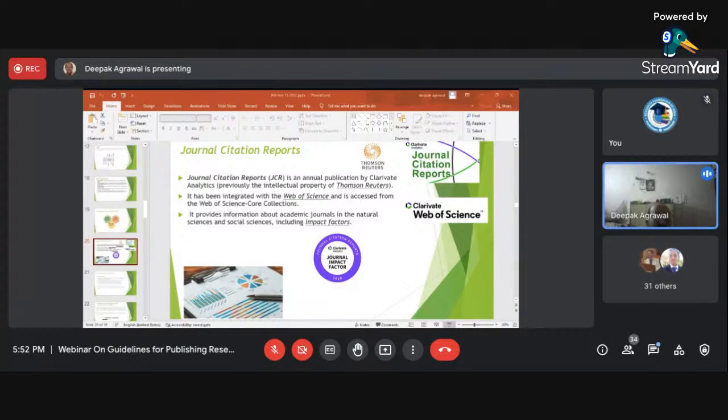They have 23 criteria. According to that, they will analyze it, and if it is found suitable, they are going to include those journals in their list. This is very commonly known as the Web of Science. This is what UGC has recommended.